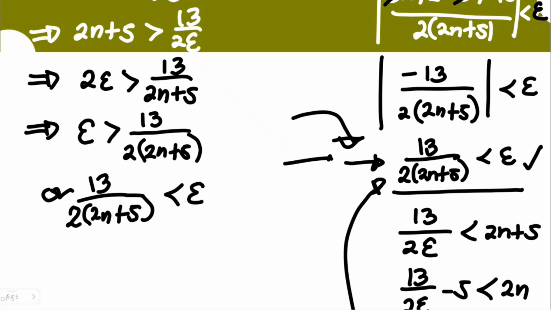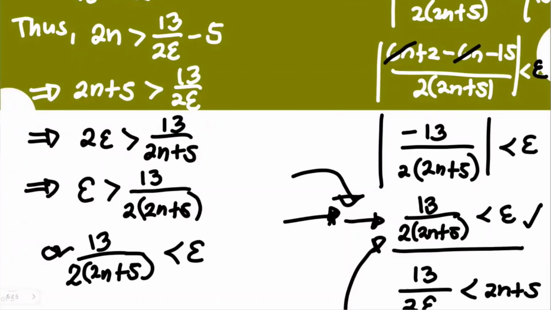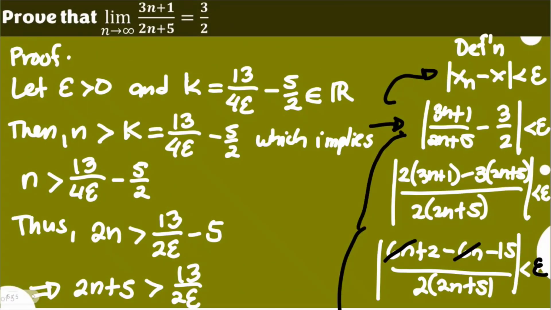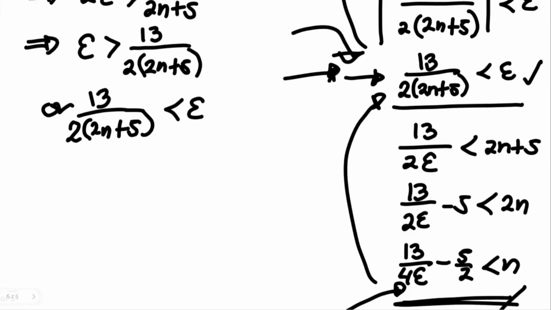Again, this is what I told you earlier: once we reach this, ultimately we are sure that since this is just taken from the absolute value, this result is equal to that.